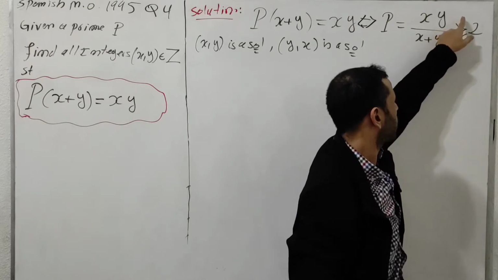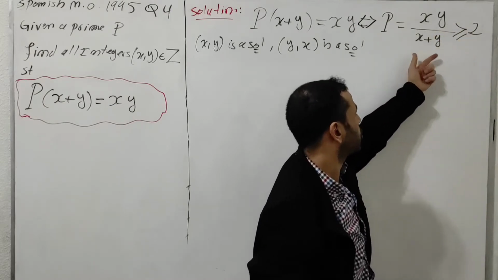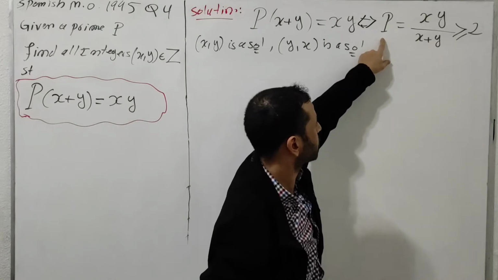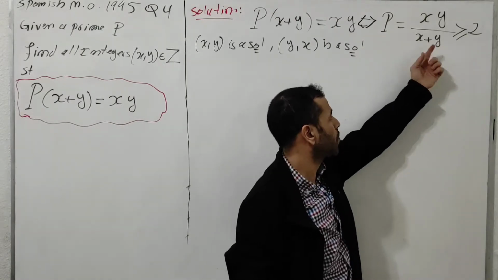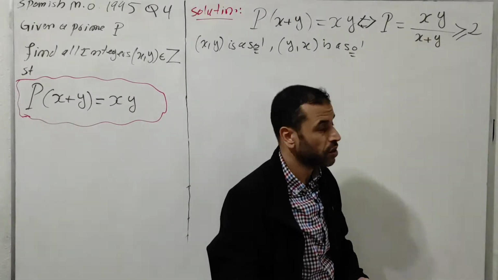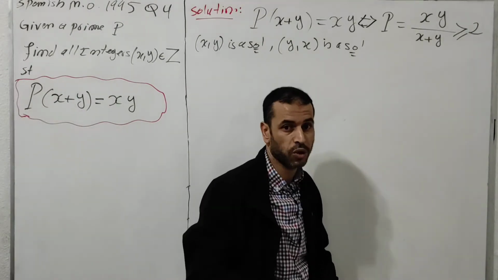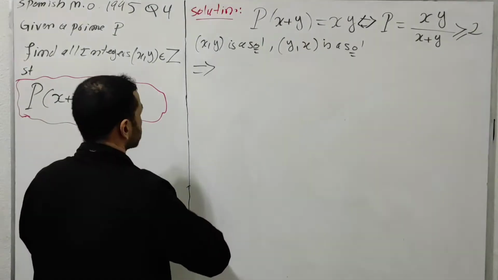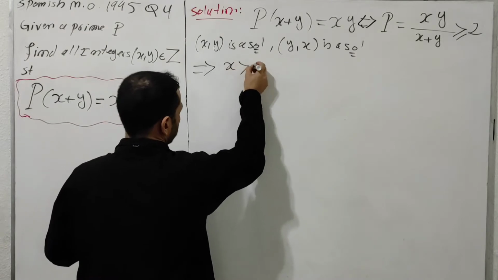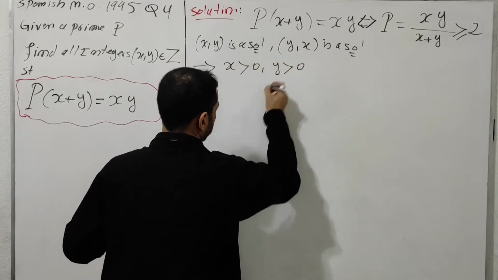You will have a positive divided by a negative, which is impossible because the prime is positive. That means it is impossible to have x and y negative. So x and y are both positive numbers.